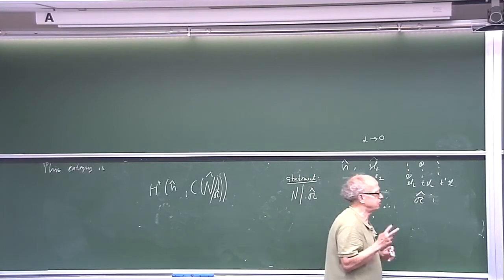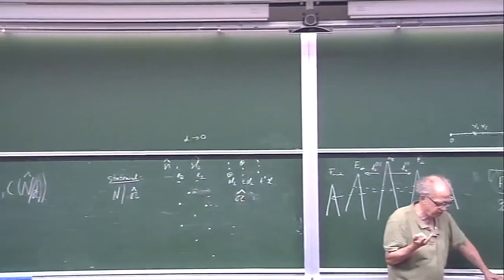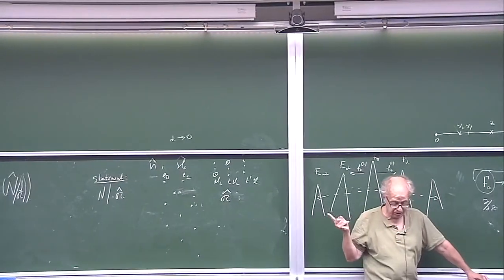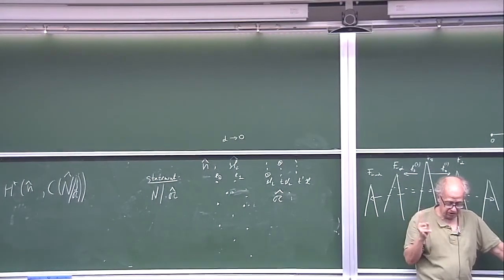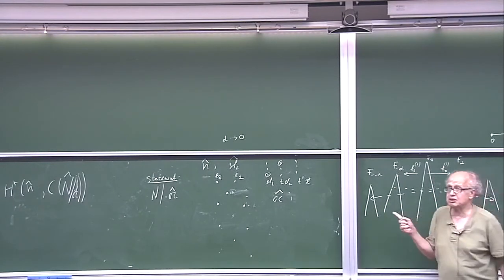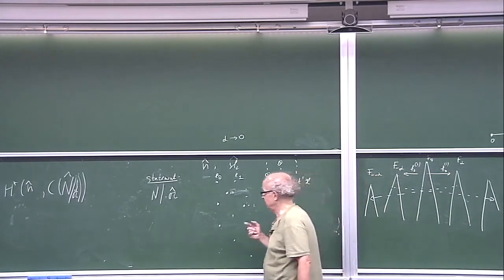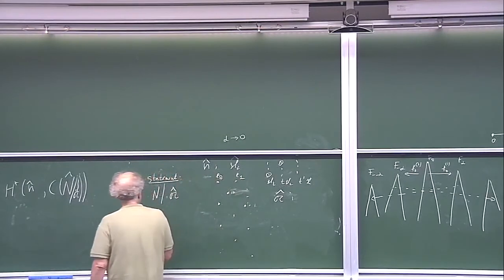Therefore, because it is the cohomology of an abelian algebra, it is an exterior algebra with generators in degrees 1, 3, 5, and so on. Yes, and so this is the result in such a classical limit.